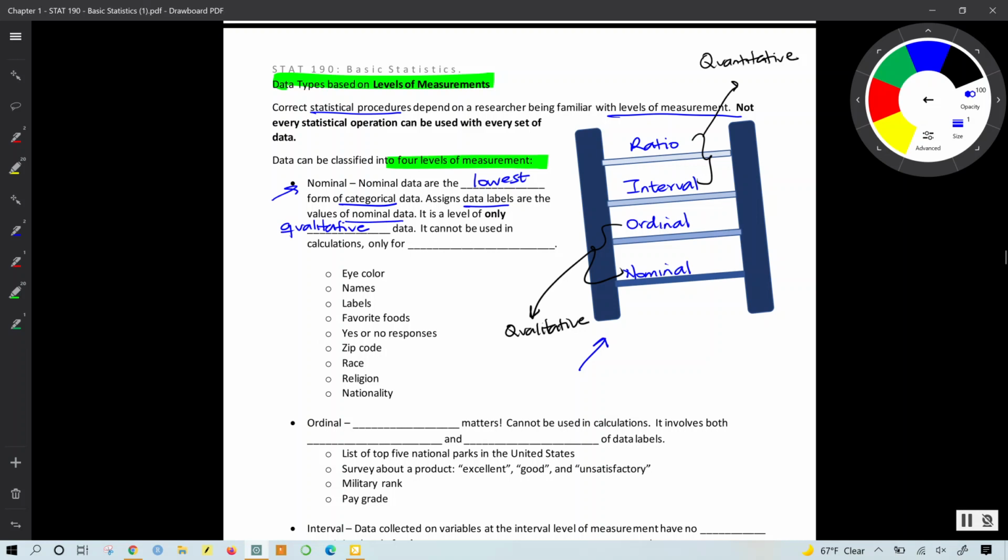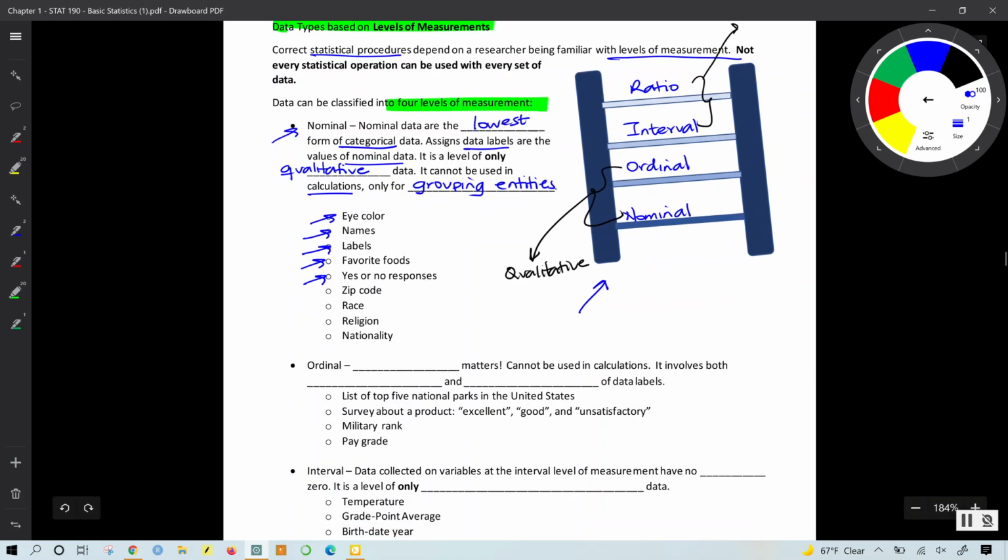So it cannot be used for calculations. It can only be used for grouping entities. Example, hair color, names, labels, favorite foods, yes or no responses. You observe that for each of these variables, if we collect data on them, no group surpasses the other group.